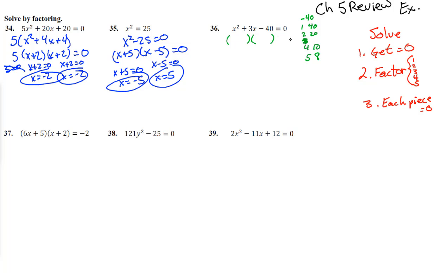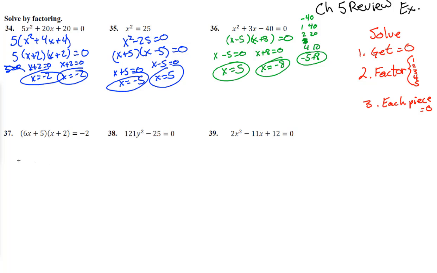All right, what adds to a positive 3? It looks like a positive 8 and a negative 5. Well, times it good. So we get x minus 5 and x plus 8 equals 0. Now, since they're multiplying to 0, we get that either x minus 5 equals 0, which gives us x equals 5, or x plus 8 equals 0, and x is a negative 8.